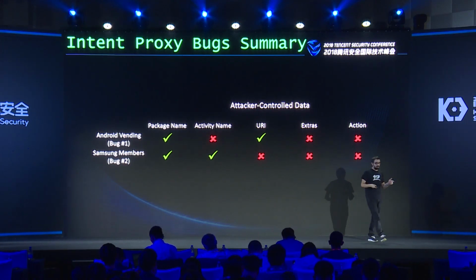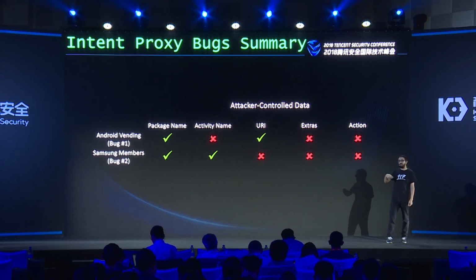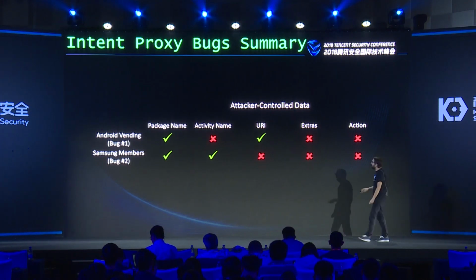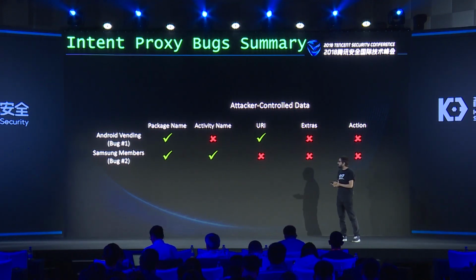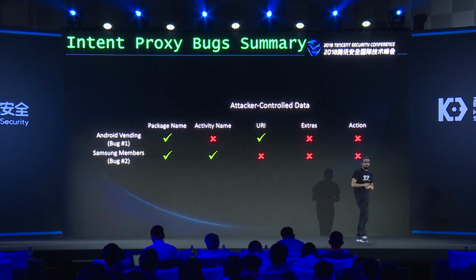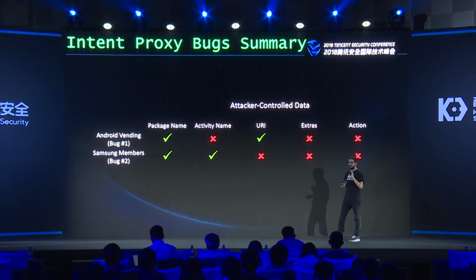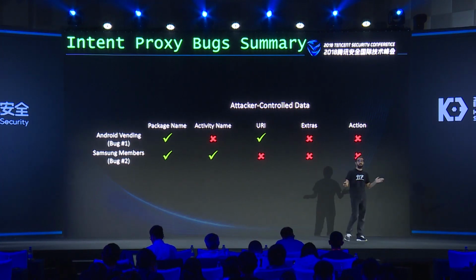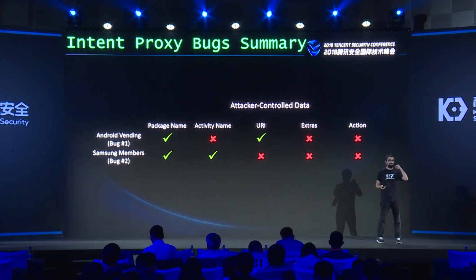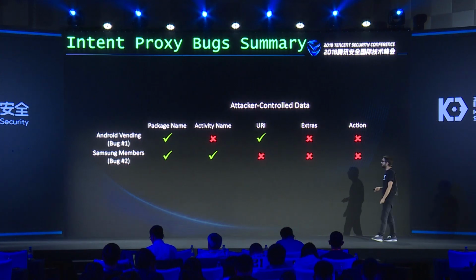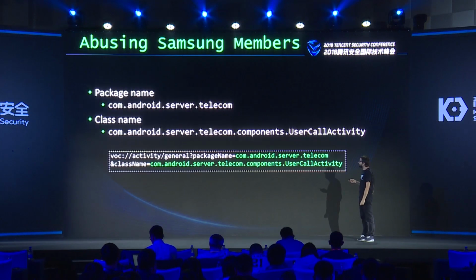And if it belongs to the application, package manager needs to resolve the destination activity. The other one in Samsung Members, on the other hand, is an explicit intent, because you specify the package name and the activity name. So in this case, package manager doesn't need to make any decisions. It just goes and throws this against the activity you specify.